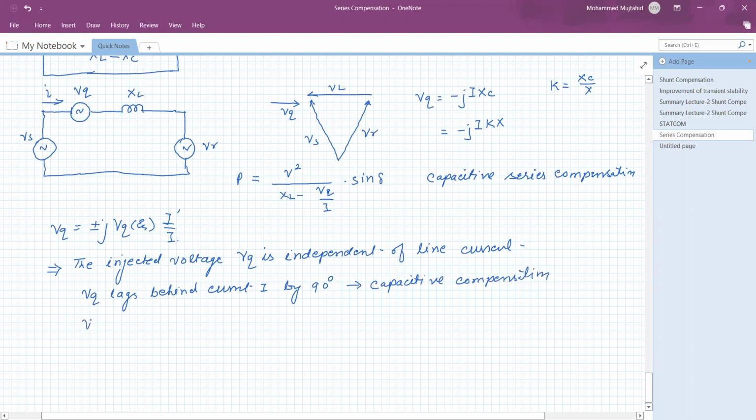Whereas when VQ leads the current I by 90 degree, then it is inductive compensation.